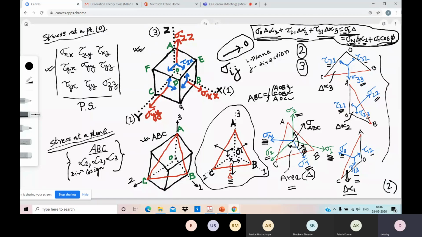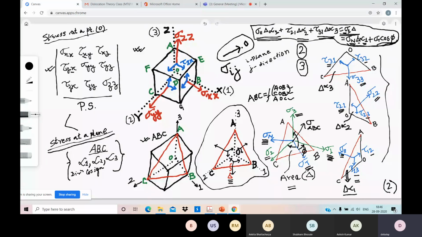Because it is very important in terms of mechanics or balance of stresses. Principal stress is defined as the normal stress acting on a plane where there is no shear stress.